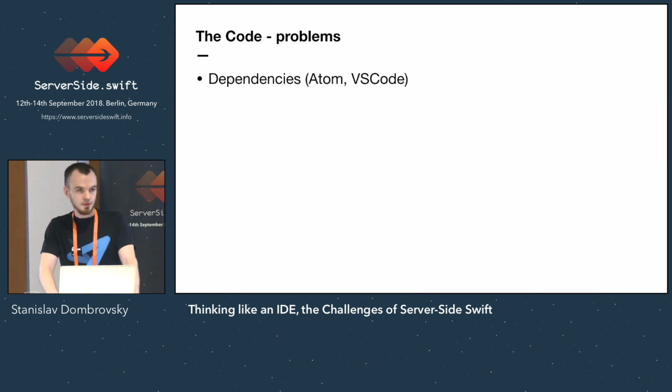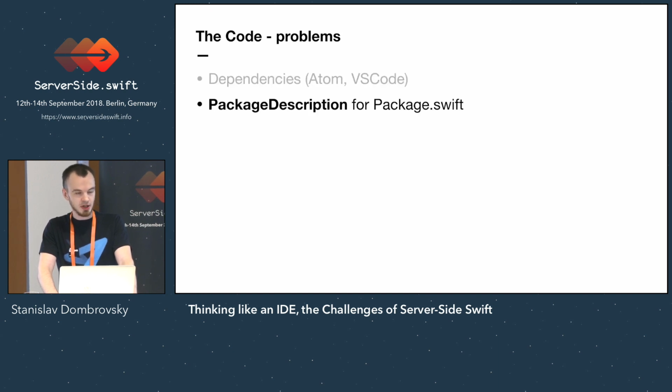If you try opening a simple project, we have code completion, we have documentation, but if you start working with a simple Vapor or Kitura project, we have none of them. Seems like we have problems with the resolution for symbols from project dependencies.